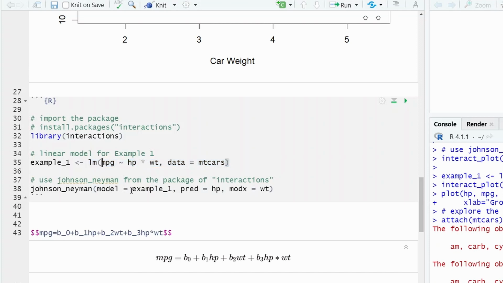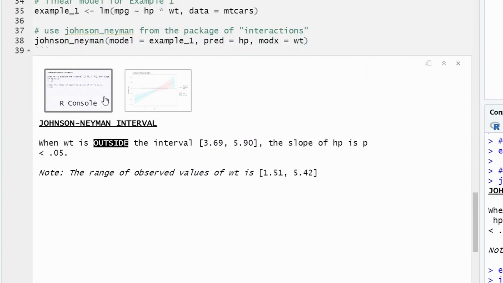And now this is the key function to plot the Johnson Neyman. It uses the model, which is this one, and the predictor is our x, the horsepower, and the moderator is weight. So we can run that. As you can see, the Johnson Neyman function has two outputs.